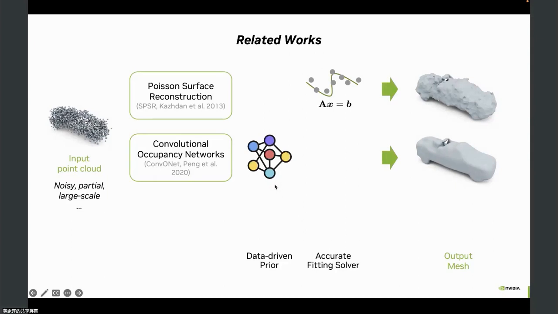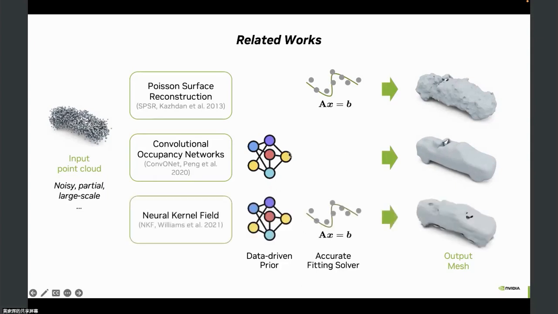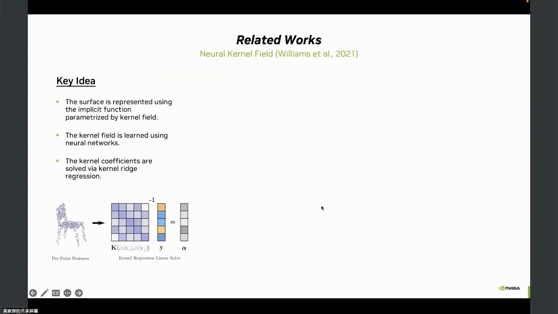There's another line of work which utilizes the kernel method, which is Neural Kernel Field. It also tries to combine data-driven priors with an accurate fitting solver. What they found is that, first of all, the surface is no longer parameterized using a linear combination of basis functions, but instead it is a kernel machine.